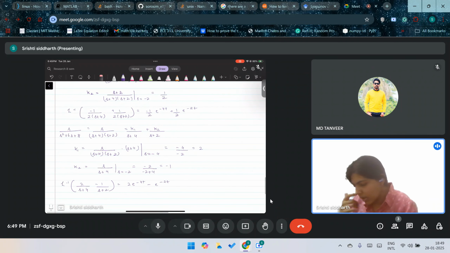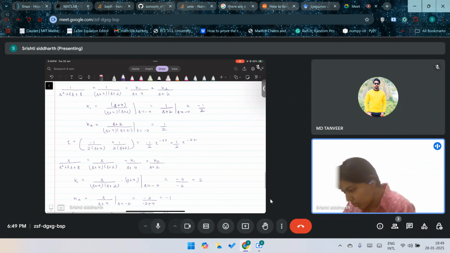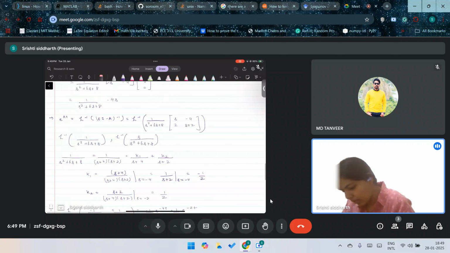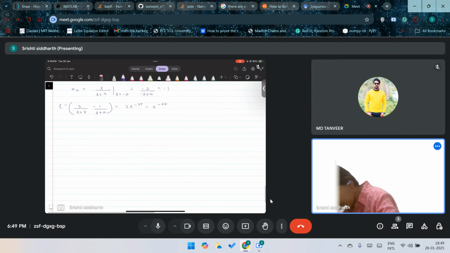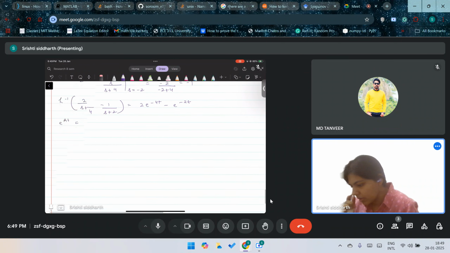So we just have to find the Laplace inverse of these expressions, and we have e to the power At. Okay, so let's write that down.